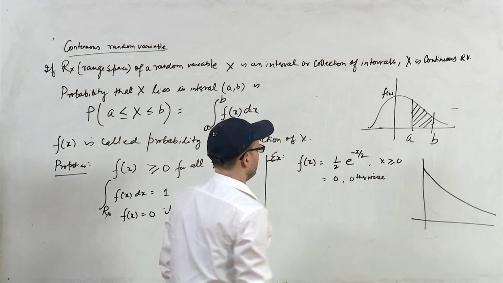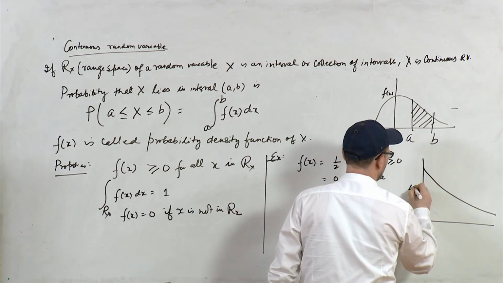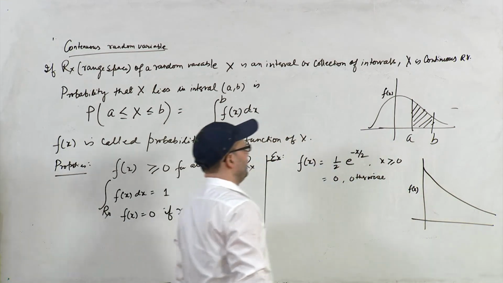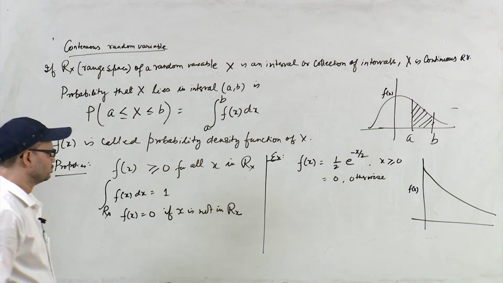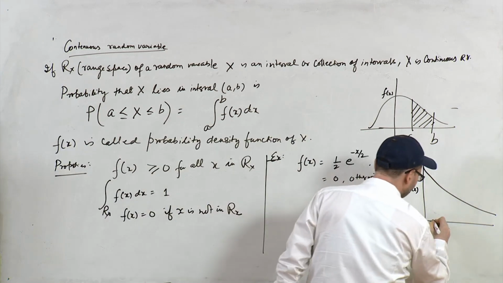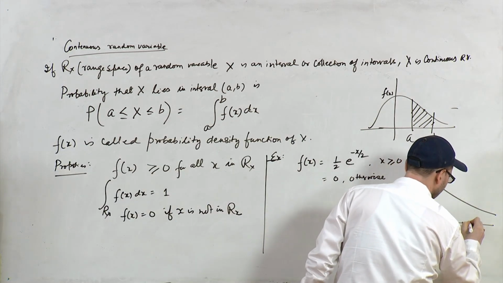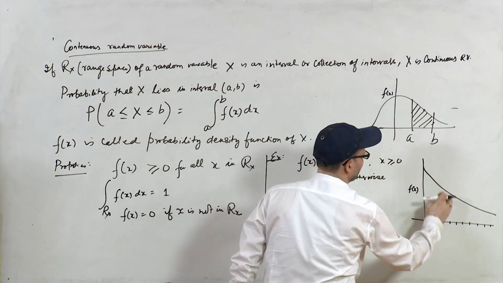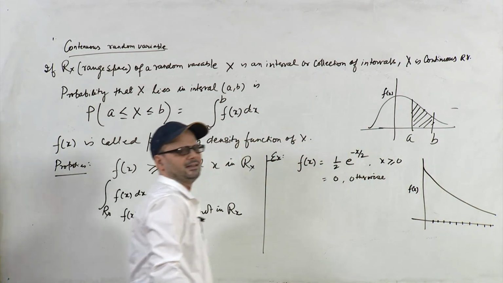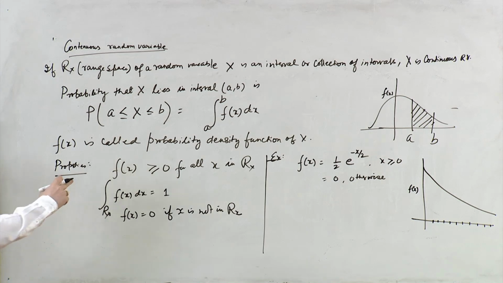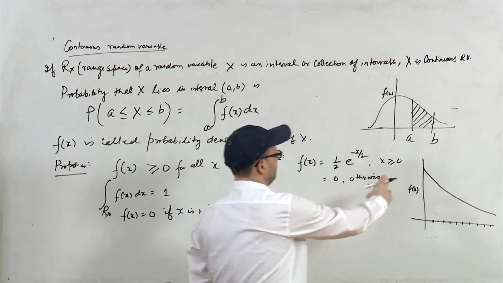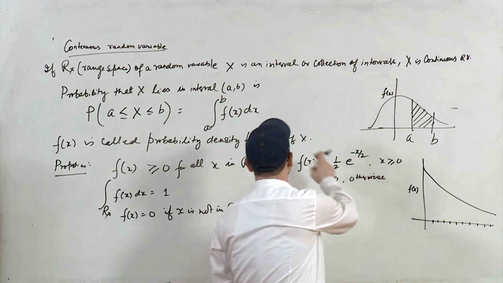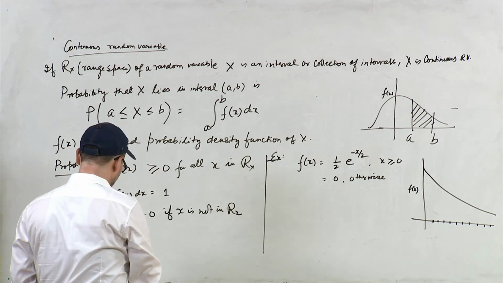This will be your f(x), and in this case the mean is about 2. You take some values, you can have these values. This kind of graph is a case of continuous random variables.